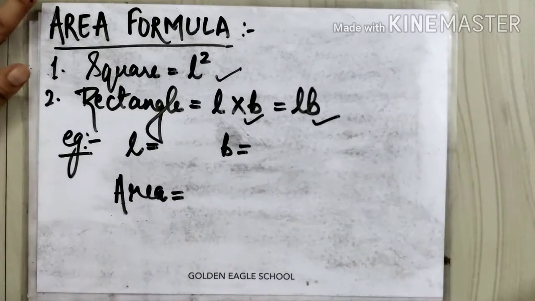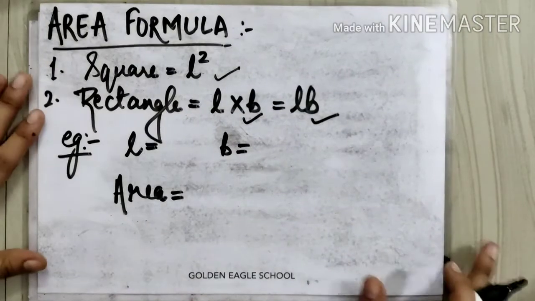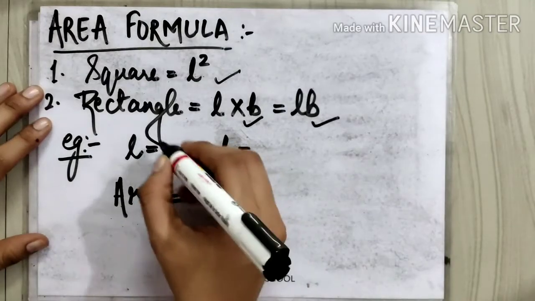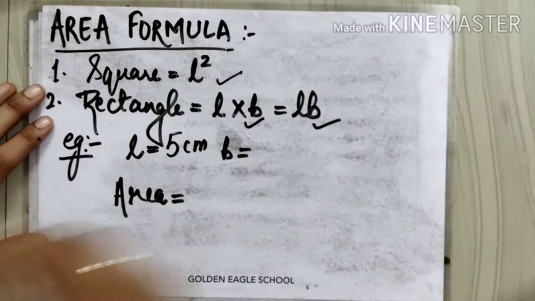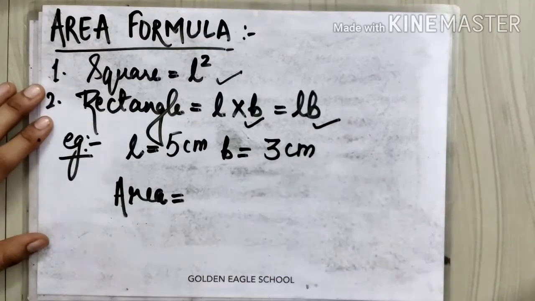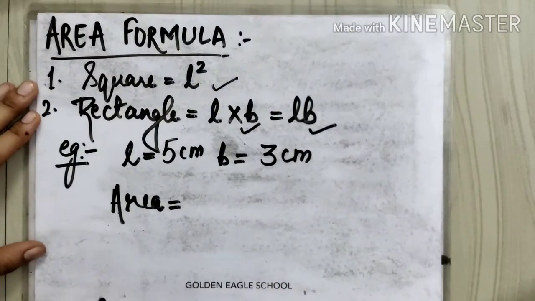And many more formulas we have done in our classes. So, we can use this anywhere. For example, if the length of a rectangle is given as 5 centimeters and the breadth is 3 centimeters, we are asked what will be the area of the rectangle.